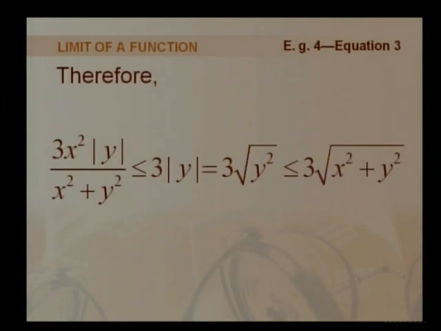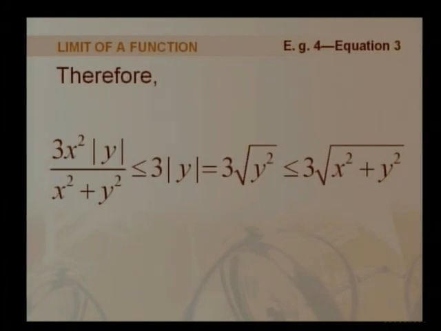The value of modulus y can be put in a square root as square root of y square, and we know that this will be less than or equal to 3 into square root x square plus y square. So finally we get 3x square into modulus y upon x square plus y square is less than or equal to 3 square root x square plus y square.